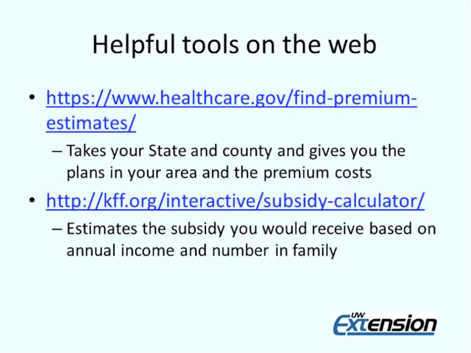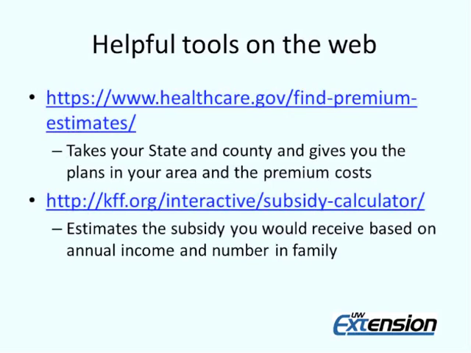After 250% of FPL that goes away. That's not a tax subsidy; it will actually be paid to the healthcare provider. So if the plan said your co-payment was $30 per visit, it could be reduced if you're in that income range.